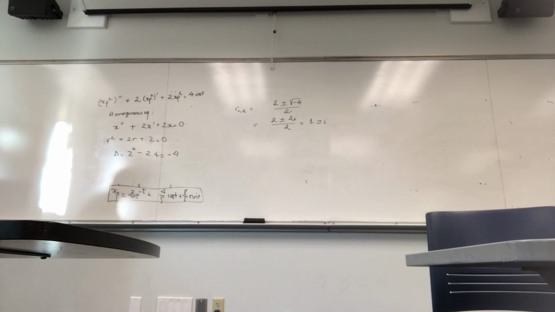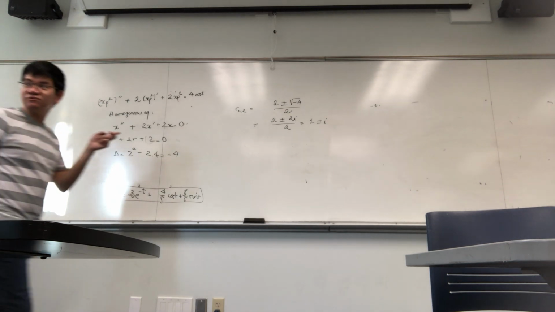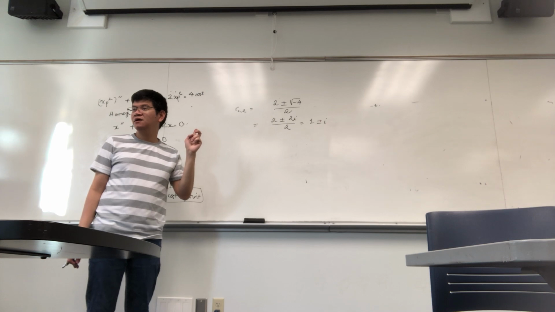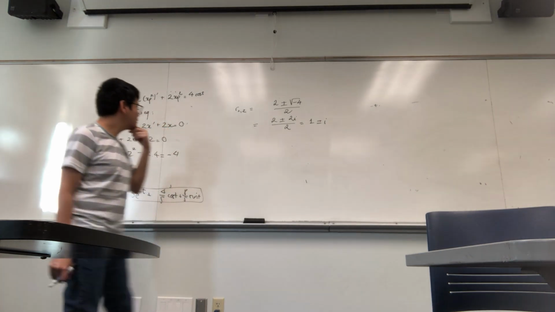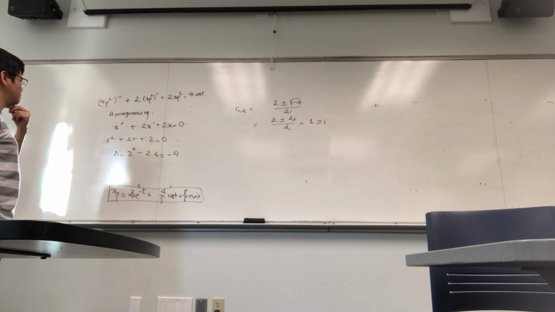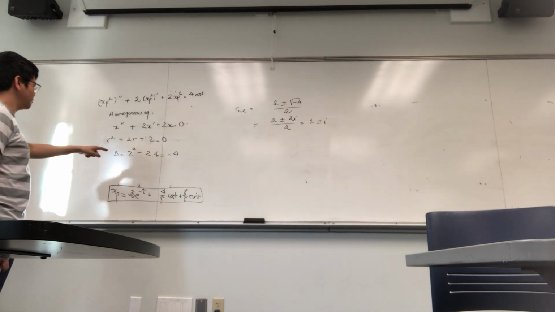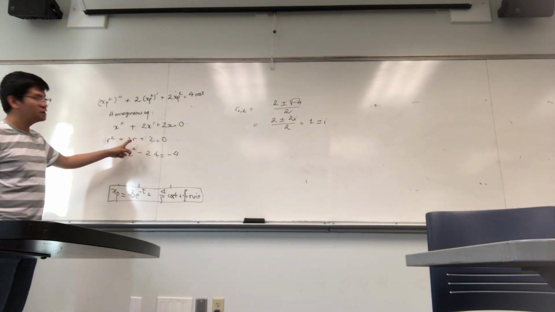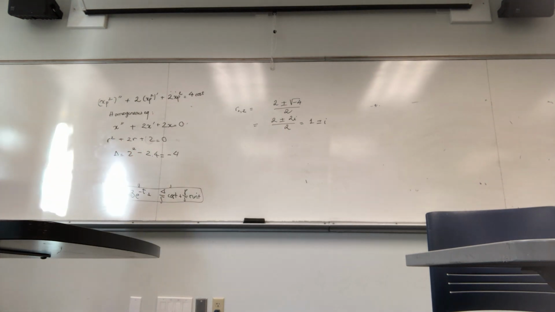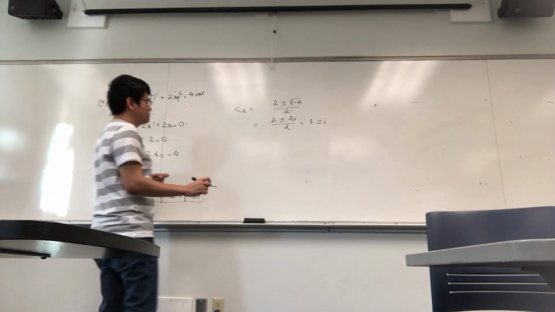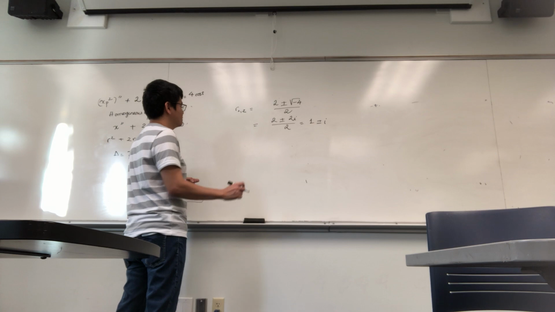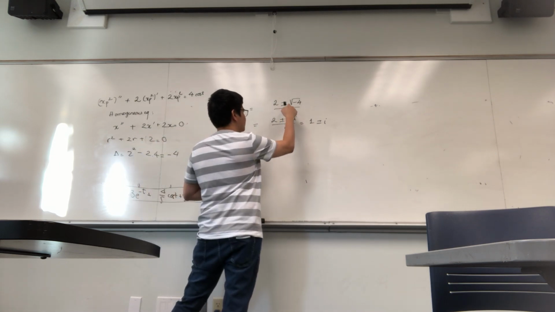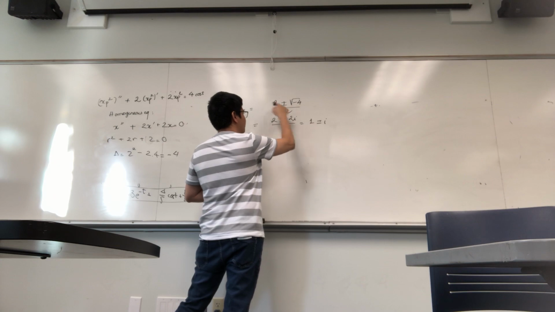In the formula, it is negative b plus or minus the square root of delta over 2, right? So the 2 before the plus or minus should be negative, yes.